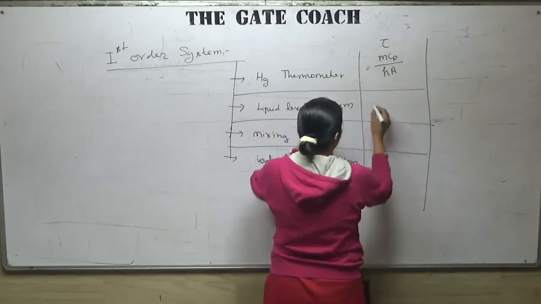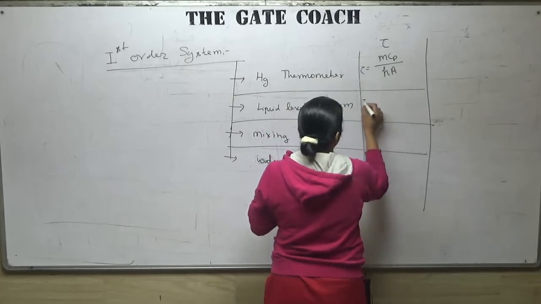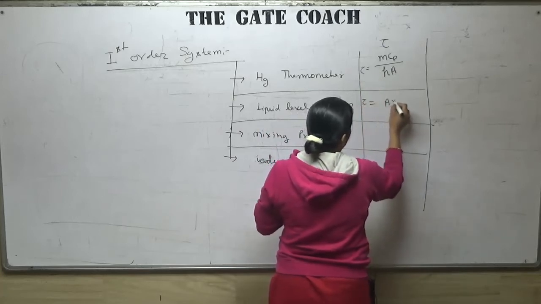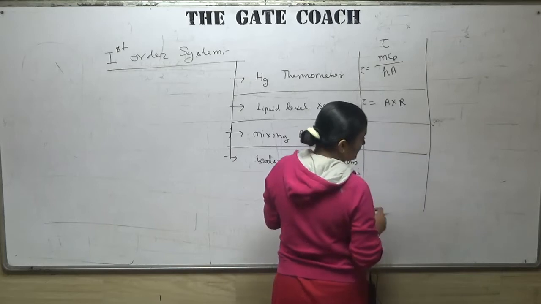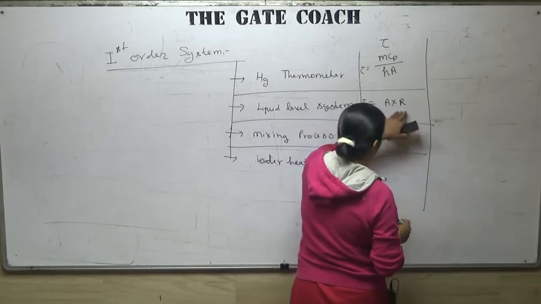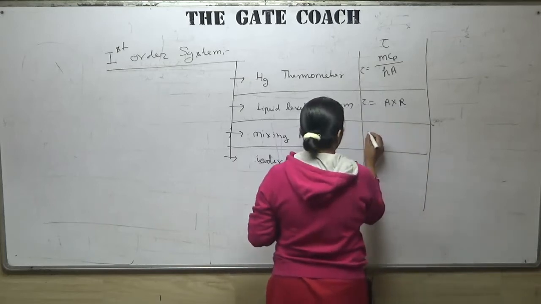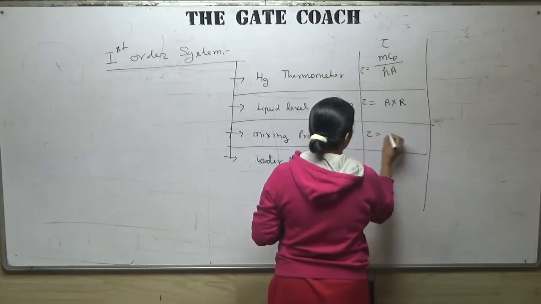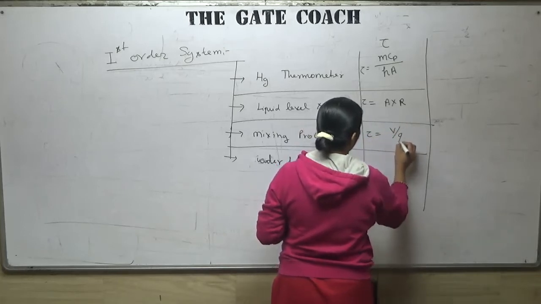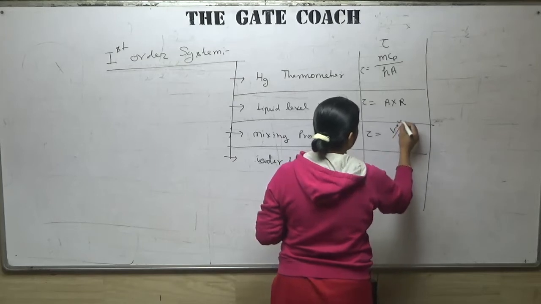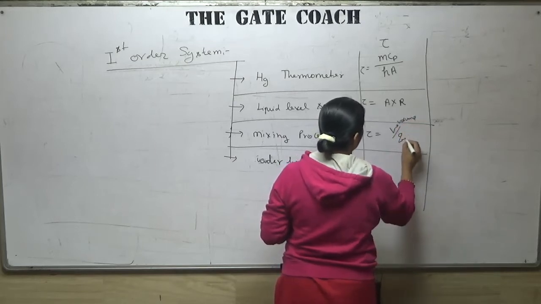In liquid level system, tau is represented as area of the tank into the resistance offered to the valve. In the mixing process, it is written as V by Q, where V is the volume of the reactor and Q is the flow rate.